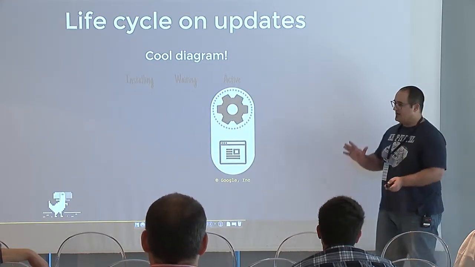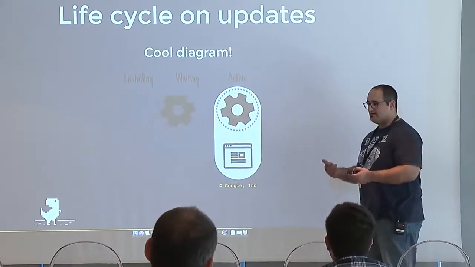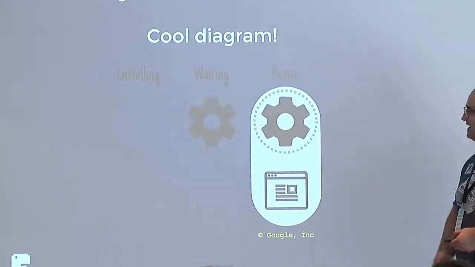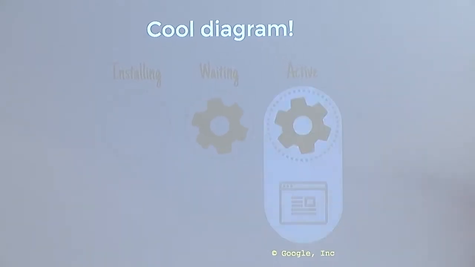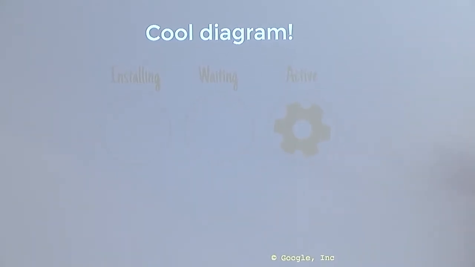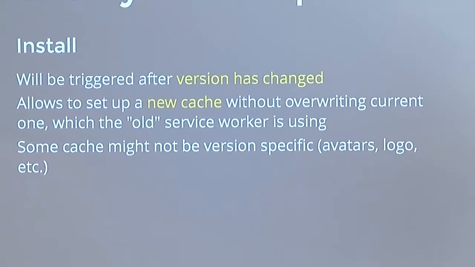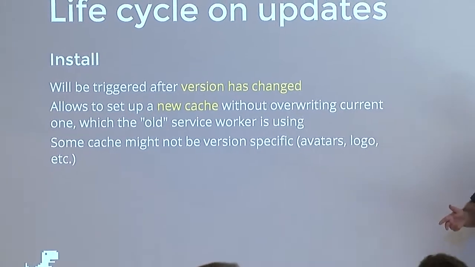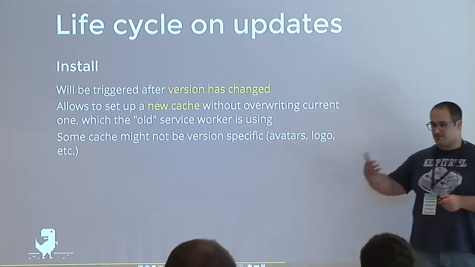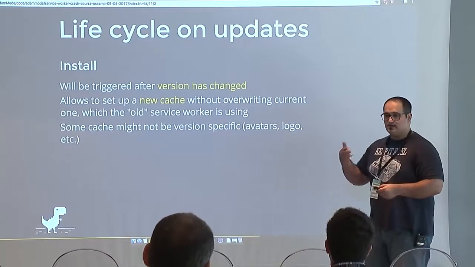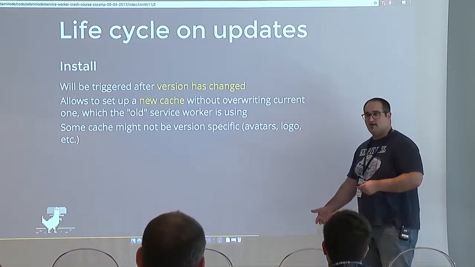Okay, so now you have one more event life cycle, which is the waiting period. So this works exactly the same as the previous one, but you have the waiting in the middle. And that means when your install happens, your version has changed, because you can use a service worker versioning system to actually force this to happen.